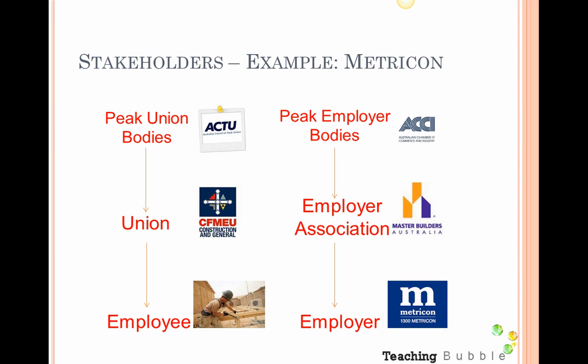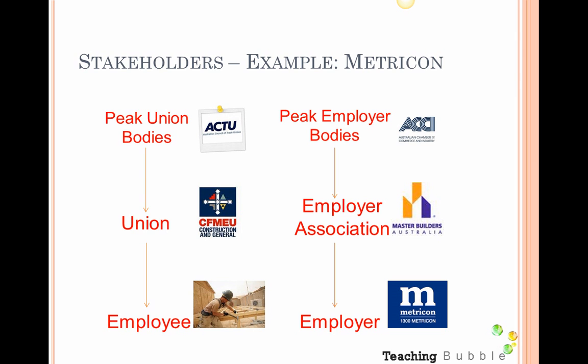Continuing on, we've got peak union bodies, which represent a group of unions, and then we've got peak employer bodies, which represent a group of employer associations. The ACTU represents a whole heap of unions, and the Australian Chamber of Commerce and Industry represents a whole heap of employer associations, especially when it comes to the government, when they're setting minimum wages, setting industrial awards and things like that.